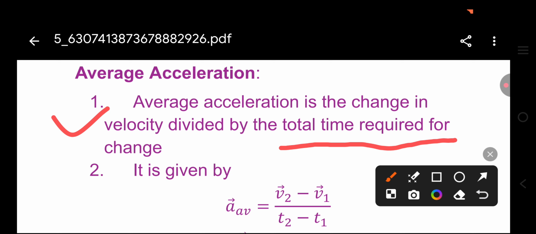Now the main difference between acceleration and average acceleration is, in acceleration the rate of change of velocity with time, and in average acceleration the rate of change of velocity with total time required.